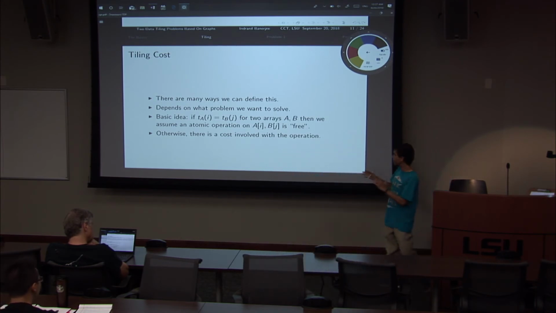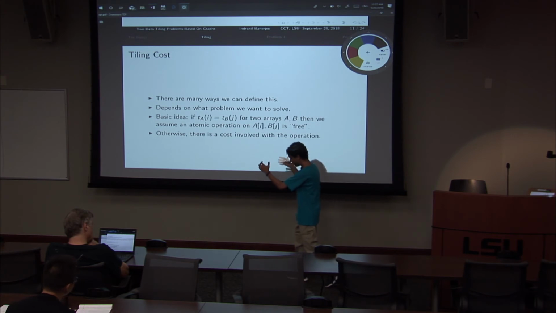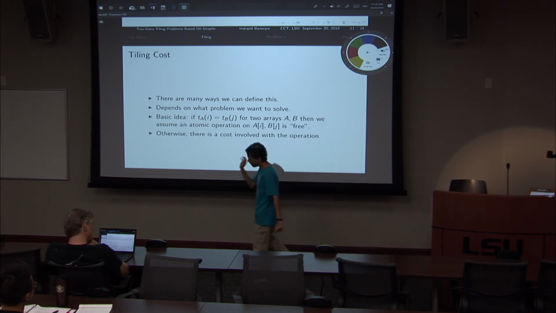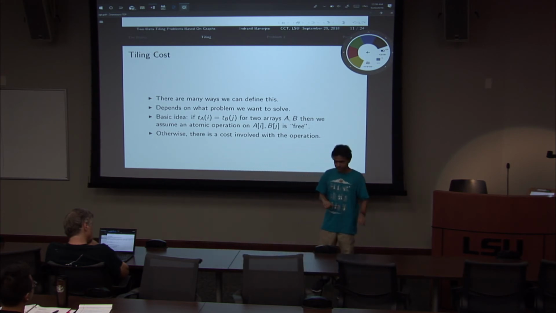If they are in the same processor, they don't incur any communication cost. That's our assumption. If they are not, they may or may not incur some cost. That's the very basic assumption.